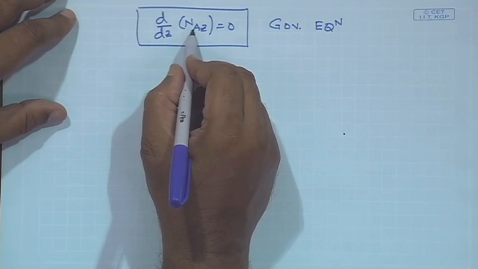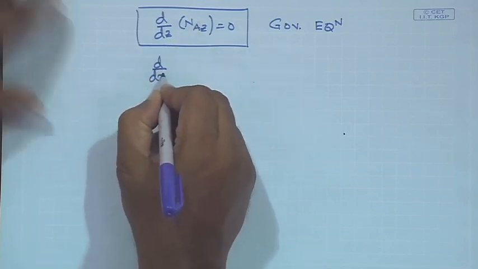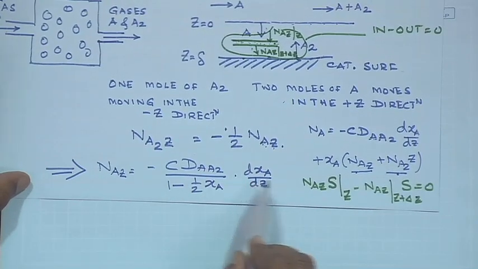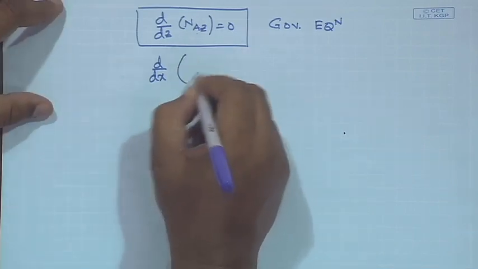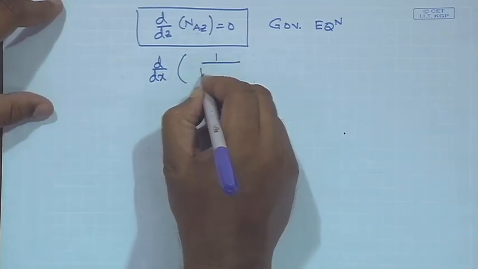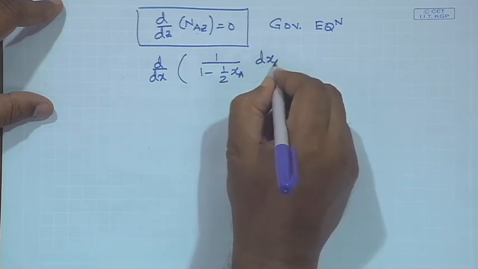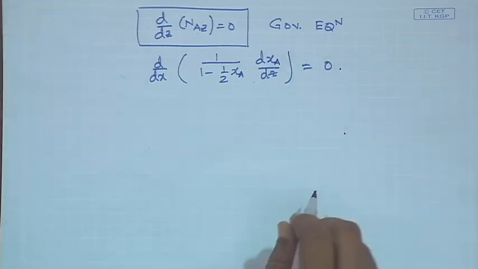And when we plug in the expression for N_AZ into this, what we get is d/dz of (1 by 1 minus half of x_A) times dx_A/dz equal to 0.